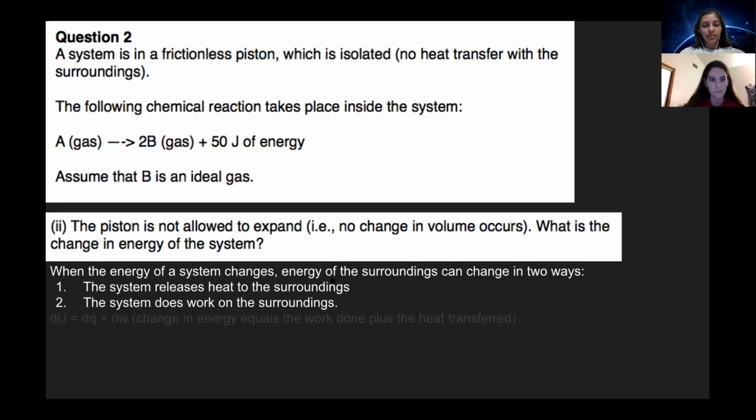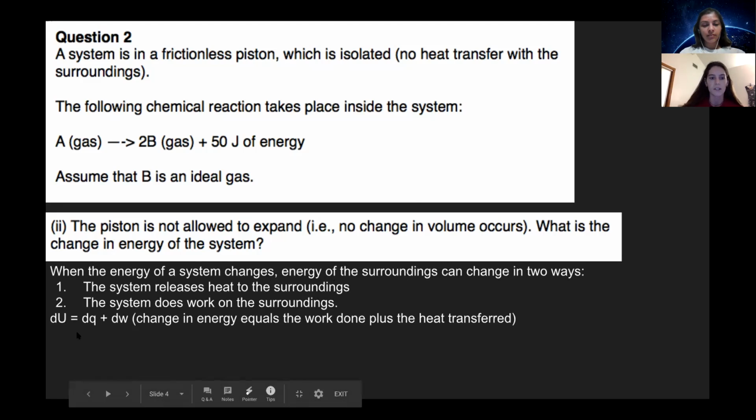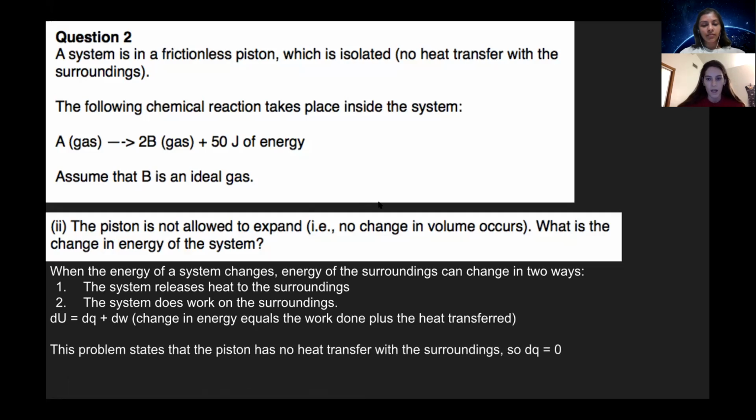You can find a derivation of this equation in the textbook, but it's a pretty important equation. The change in energy is going to equal the work done, which is W, plus the heat transferred, which is Q. In this problem, like I mentioned before, it states that there's no heat transfer with the surroundings. So from that, you automatically know that dQ, or Q heat, is going to equal 0.